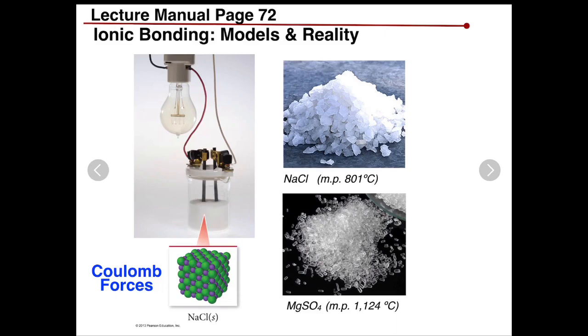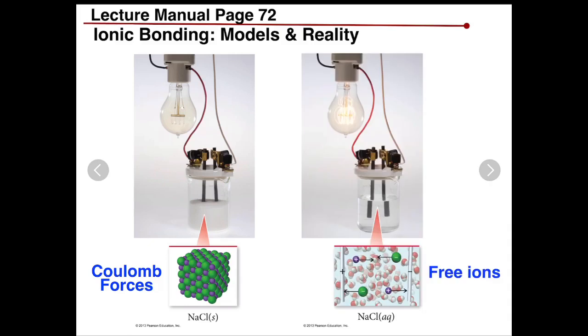electricity. However, if this salt right here, the ionic compound, is either dissolved in water, making an aqueous solution, or in liquid state, their ions will be able to move.